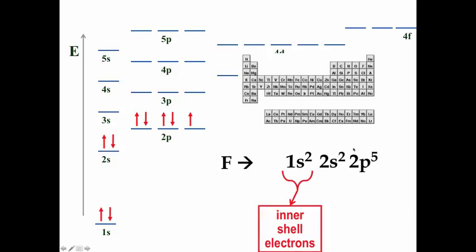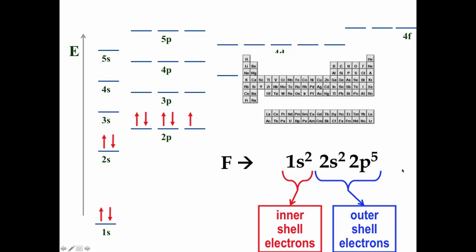Now a couple things to note. The 1s2 corresponds to totally filling the first shell. So we call these inner shell electrons because here we have electrons in the first shell and in the second shell, and the first shell is inner while the second shell is outer. So we have 7 electrons total in the outer shell, and outer shell electrons are also called valence electrons.